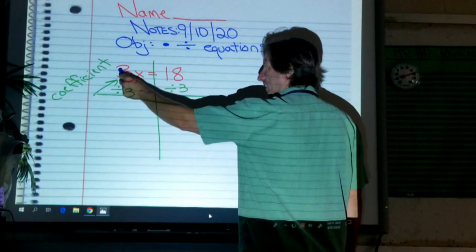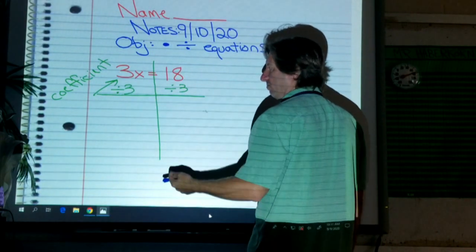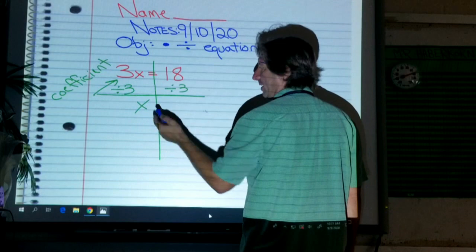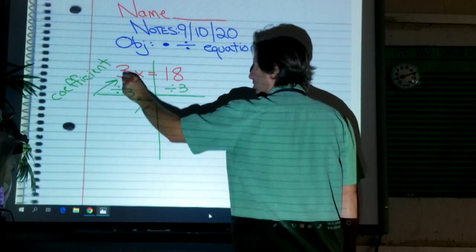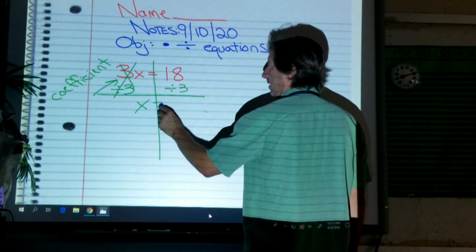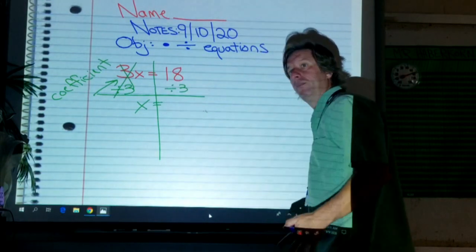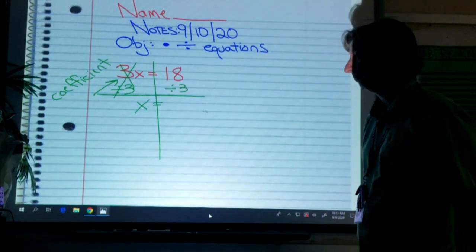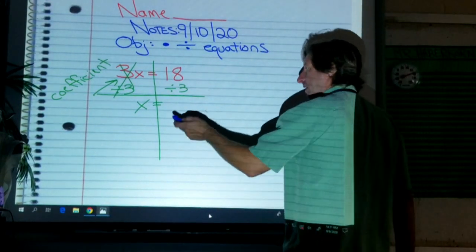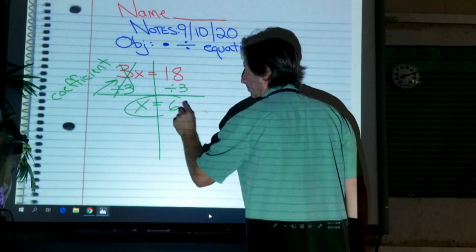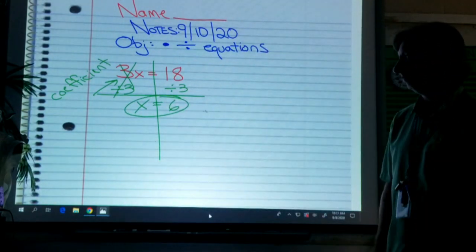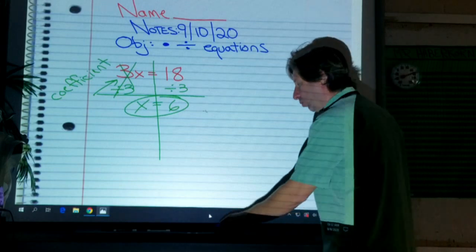Our 3's cancel out. 3 divided by 3 is 1. We don't need to write the 1. 1x is the same as x. So those are just gone. Then I do 18 divided by 3. Type it in your calculator. And you get 6. Nothing too hard. Now let's look at one that's backwards.